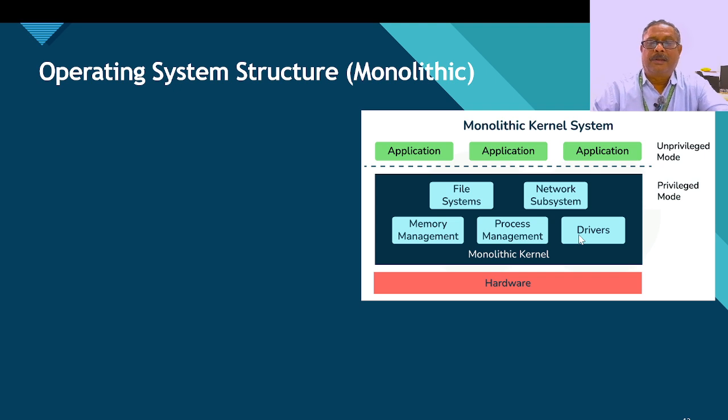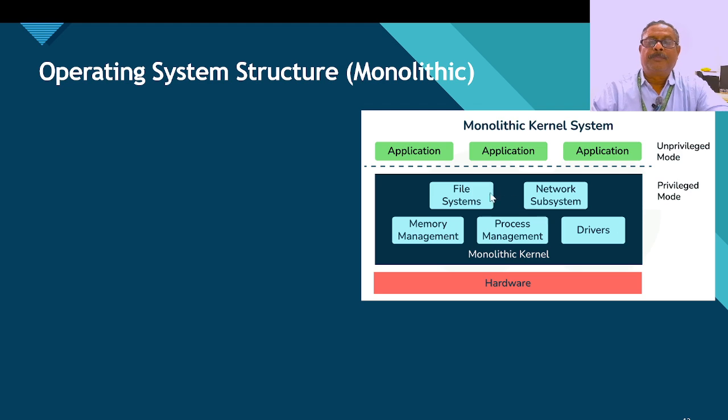That's the advantage of the second one. Here, all the functionalities are put under one kernel. The difference between this and the previous one is there was nothing like privileged mode and unprivileged mode. Everything was in one form. But here we have a privileged mode, so all the kernel activities are taken care of in privileged mode.